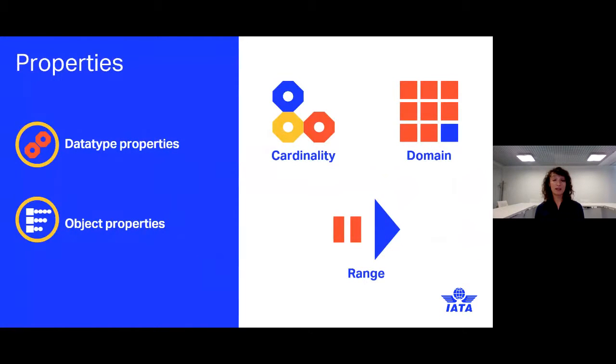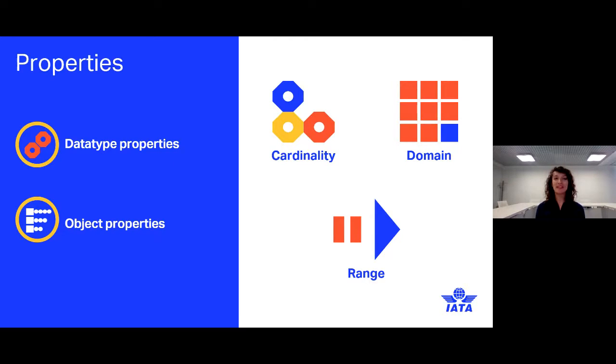After that, the classes by themselves don't tell too much, so we had to define their properties. For example, let's say that a shipment has a creation date or a consignee. That kind of information is defined under properties. There are two types of properties. Rene explained them very well a bit earlier in his presentation. There are data type properties and object properties. Data type properties are things like dates, strings, integers, and all sorts of primitive data.